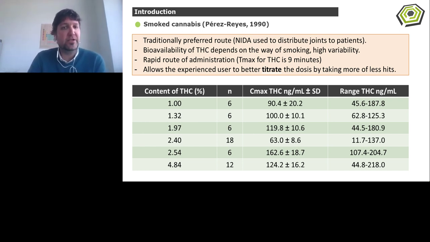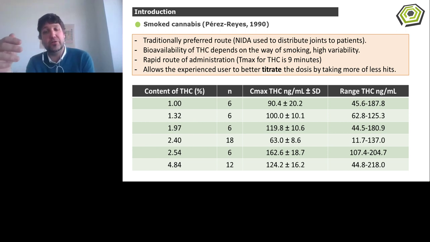It's considered a very rapid route of administration. The time to maximum concentration of THC in the blood is 9 minutes, and this allows the experienced user to better titrate the dosing by taking more or fewer hits. The immediacy of the effect allows you to understand whether you need another dose or not.